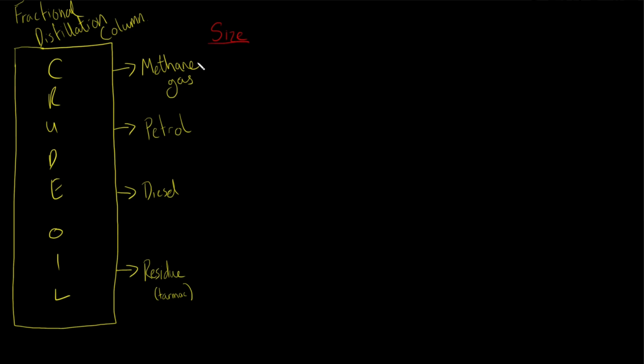Now in order to do that, we're going to have a little look at the chemical formula for these four fractions. Methane gas is CH4, petrol is C8H18, diesel is something like C15H28, and residue we'll just call it C30H60, roughly something like that.